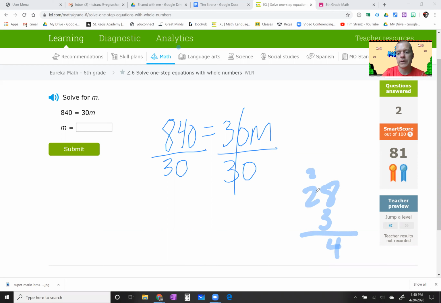That's 6. There we go. So 28 times. I said 26. Oh man, this computer's slow today. Okay. So 3 goes into 84 28 times, so 30 goes into 840 28 times. So 28 equals m. And you know then that m is going to equal 28.